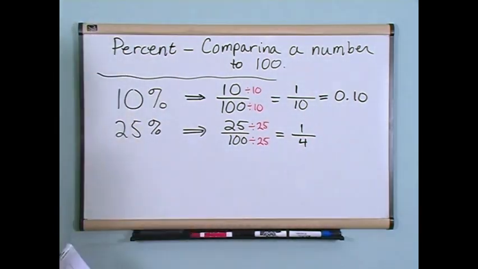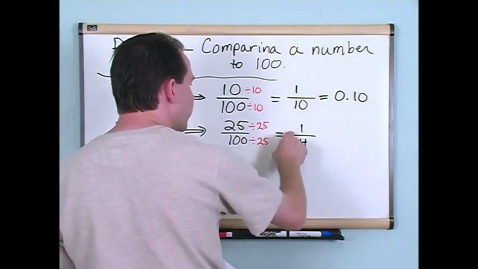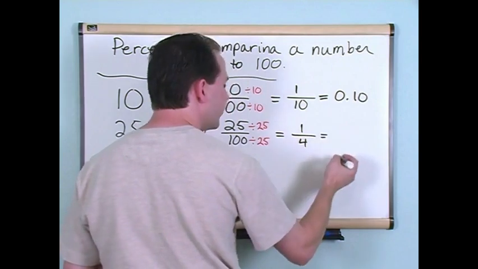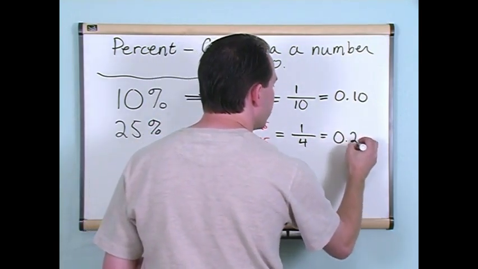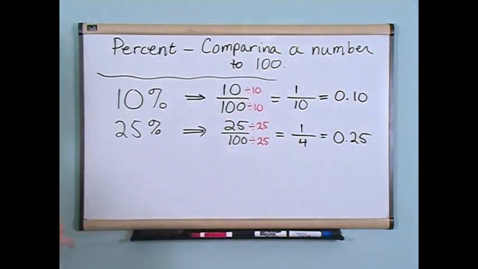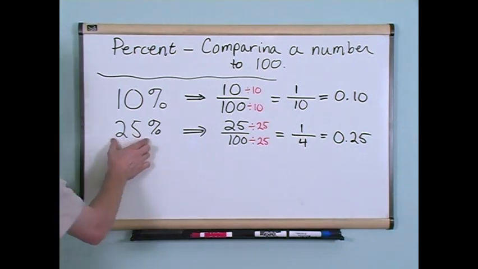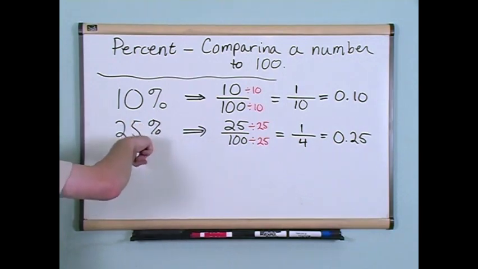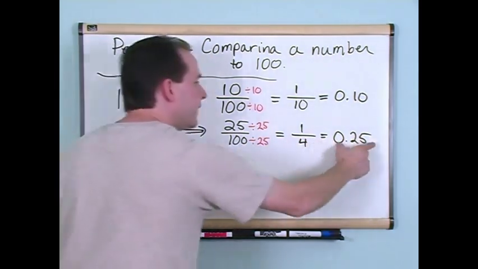Now, if you were to actually do this division, 1 divided by 4, and do the long division, you would find out that if you wanted to write this as a decimal, it'd be 0.25, okay? Now notice again, to take the percent and convert directly to the decimal, it's real easy. You just take the decimal point here and move it 2 places to the left, and this is your decimal.